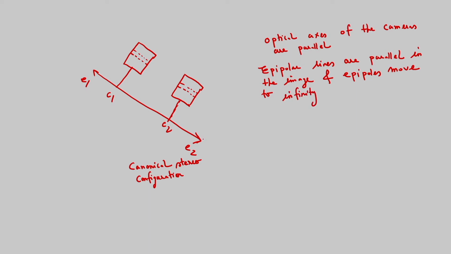You can see the epipoles move to infinity. I have two epipoles E1 and E2. So, epipole moves to infinity, and in this case the baseline is aligned to the horizontal coordinate axis. So, this configuration is called the canonical stereo configuration.